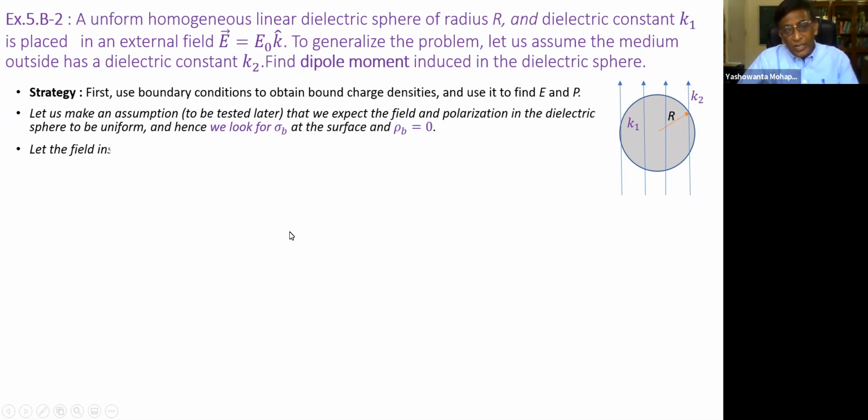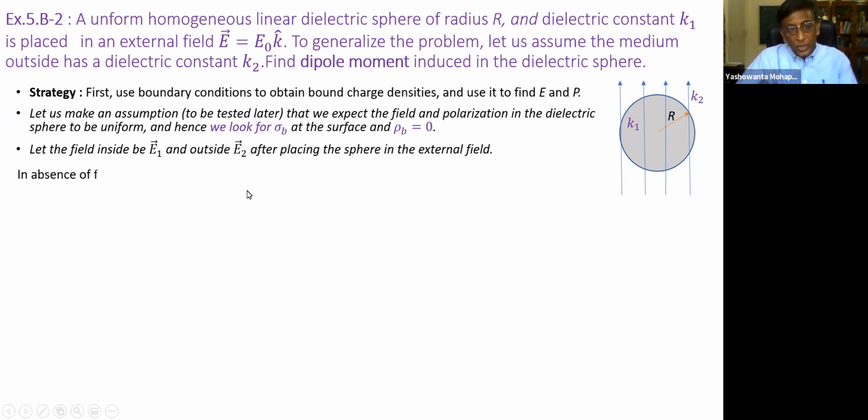So let the field inside be E1 and outside be E2 after placing the sphere in the external field. In the absence of any free charges, and I know that there are no free charges, I can say that the normal component D1n must be equal to D2n.